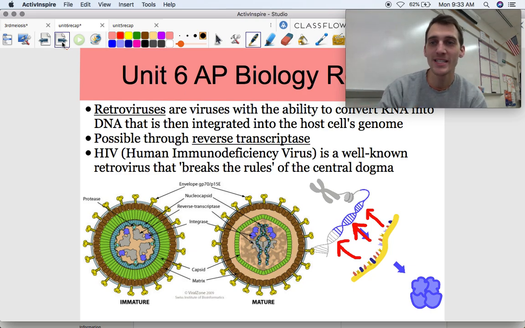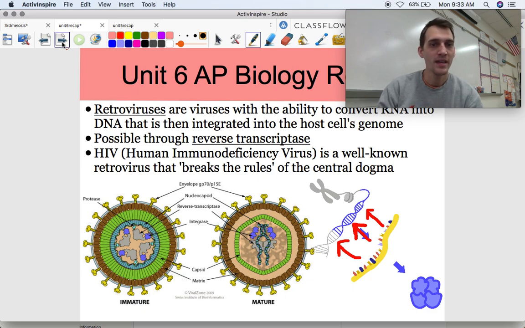Yes, reverse transcriptase is the name of the enzyme that allows a retrovirus to turn RNA into DNA and then take that DNA and put it into the host cell's genome, into its nucleus. So that host cell might still be healthy and this viral DNA might lay dormant for a little while. And that cell is going to copy all of that DNA and make copies of itself, right? And all those other cells are still going to have that viral DNA. And it's going to have the ability to make more viruses.